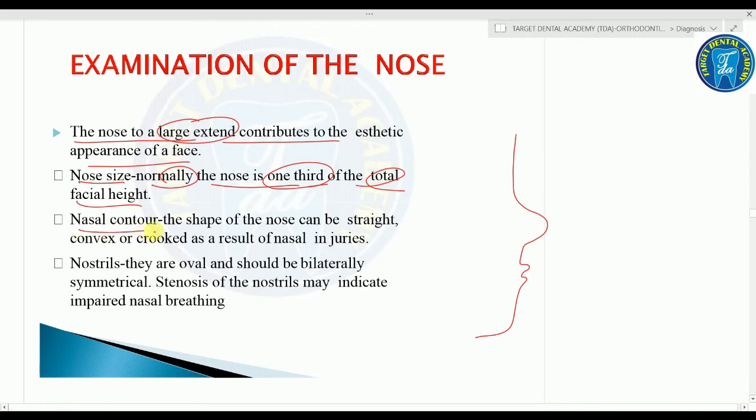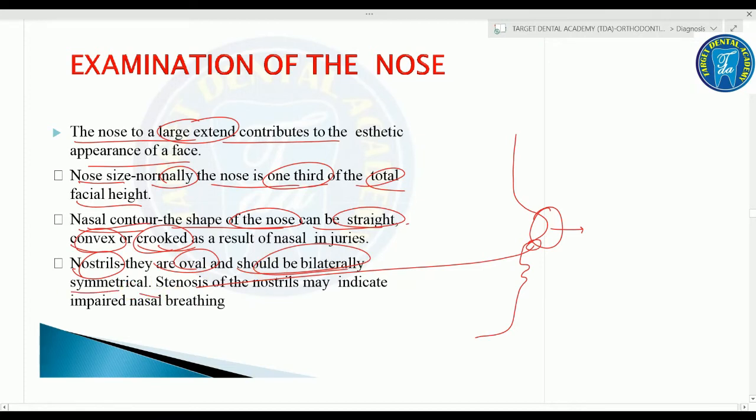Fine. So the nasal contour is the shape of the nose. It can be straight, it can be convex, or it can be crooked. The nostrils are oval and should be bilaterally symmetrical.